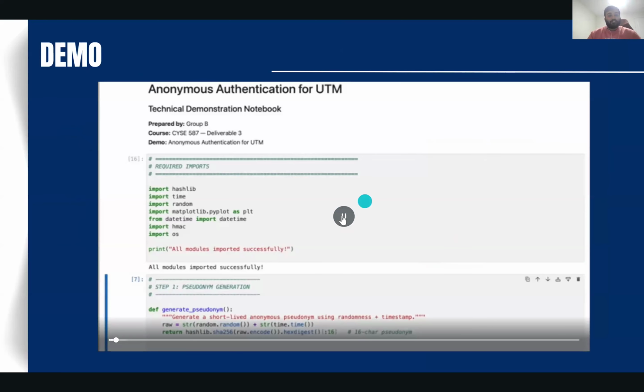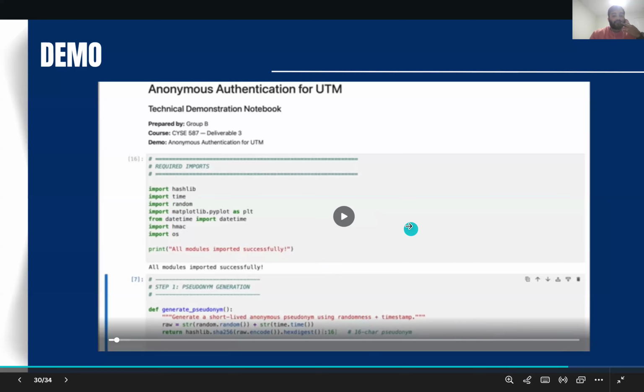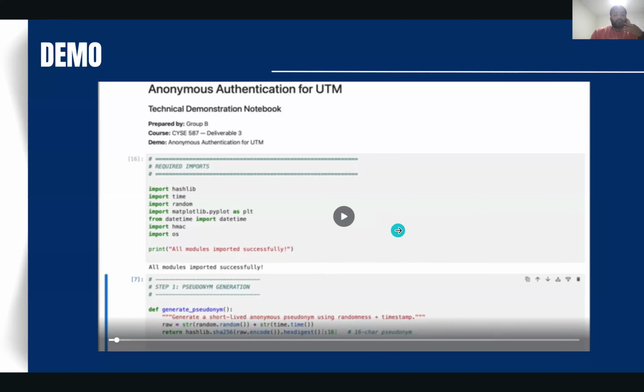So this is the demo. In this we import several Python modules like hashlib and hmac for generating secure hashes, datetime for timestamps, and randomness so IDs can't be guessed, and matplotlib libraries for graphs later, and OS for system operations. The pseudonym generation uses 16 characters, short enough to use quickly, but still cryptographically strong.